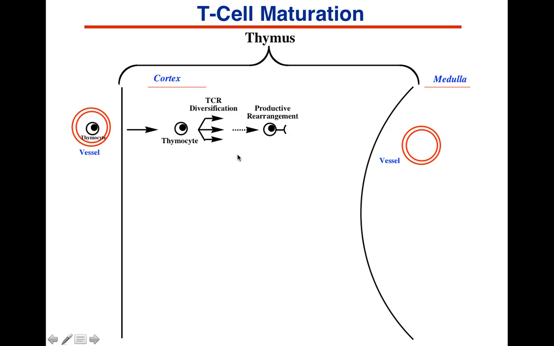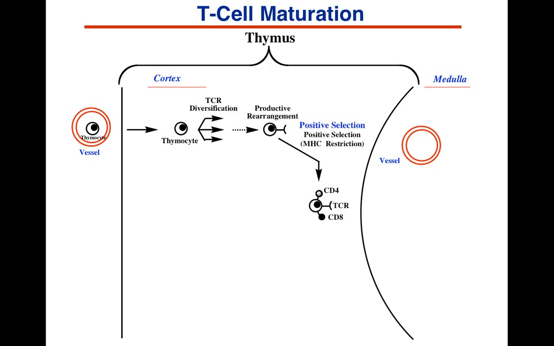Remember, there's a process of rearrangements and recombinations to produce a whole plethora of different T cell receptors, and each T cell receptor defines a particular T cell. So the T cell specificity is defined by the T cell receptor, and they'll undergo a large diversification and production of different T cell receptors, and therefore different T cells.